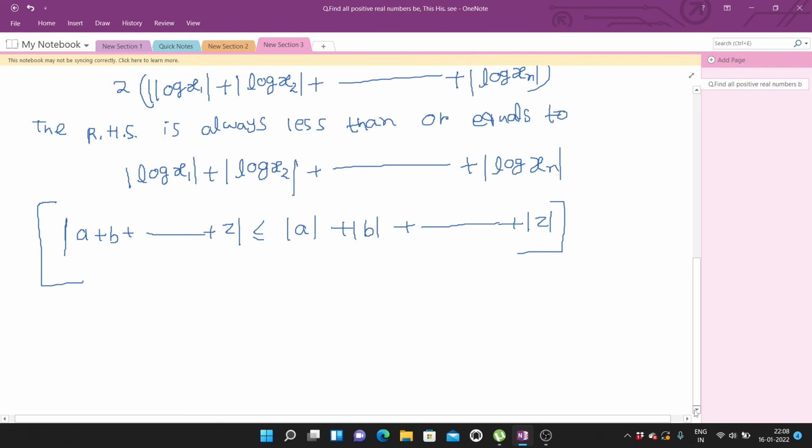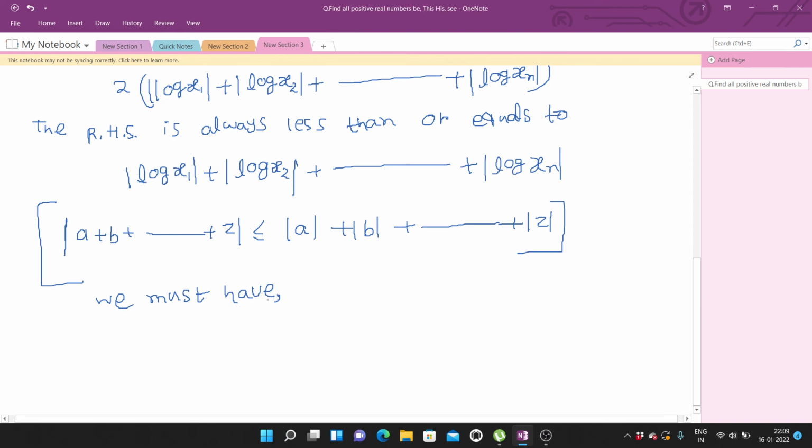But for the solution, we need these two things to be equal to each other. For that equality, the individual terms must be equal, because one is greater than or equal to and one is less than or equal to. For the solution, we must have both things equal.